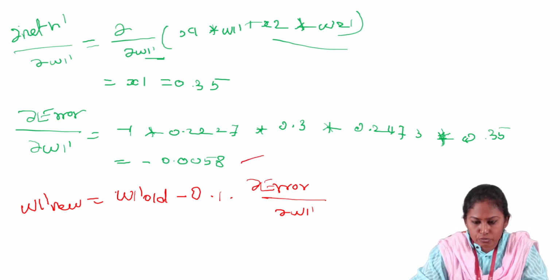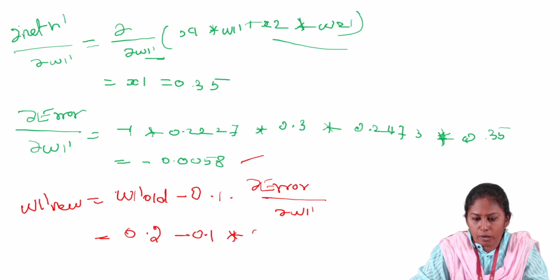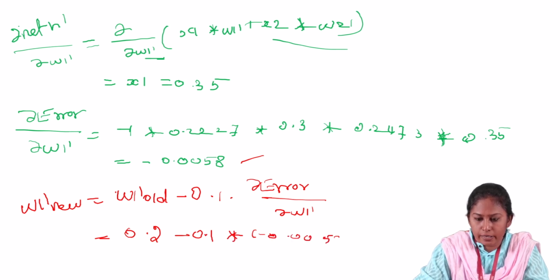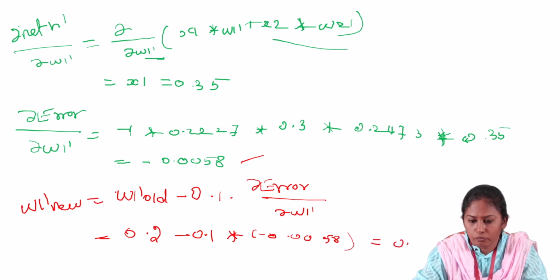Substituting, W11 old is 0.2 minus 0.1 into minus 0.0058, which is nothing but 0.2058.